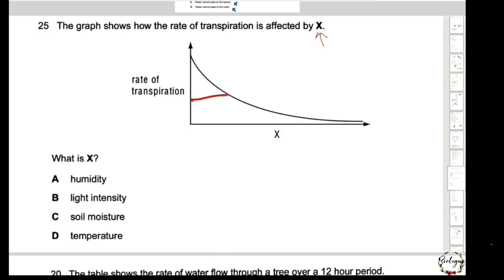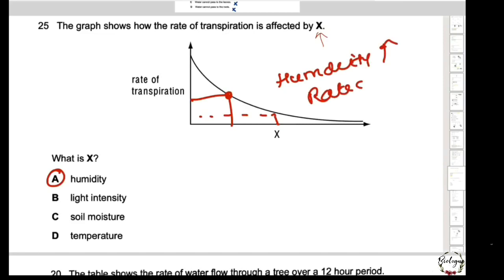As you can see, there is an inverse relationship over here, so we can naturally assume that it is humidity, because as the humidity increases, the rate of transpiration decreases. So if humidity increases, the rate of transpiration will decrease.